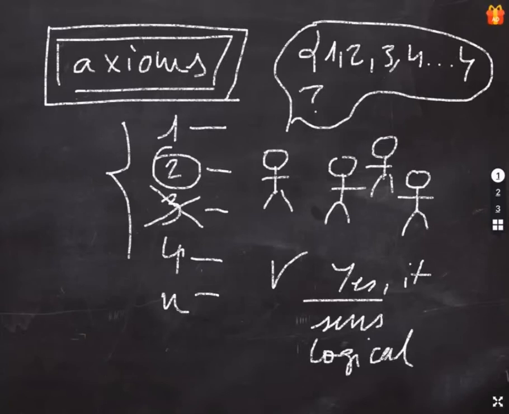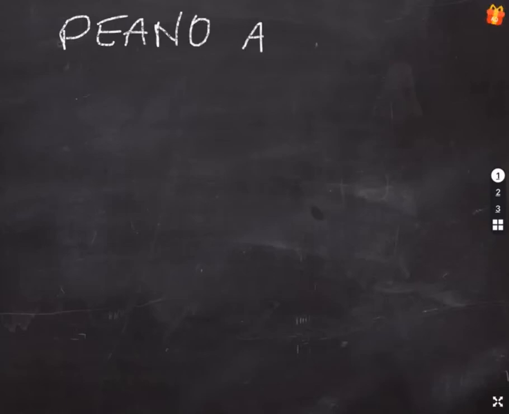Now, the natural numbers can be built in terms of the Peano axioms. We will move slowly forwards, step by step.